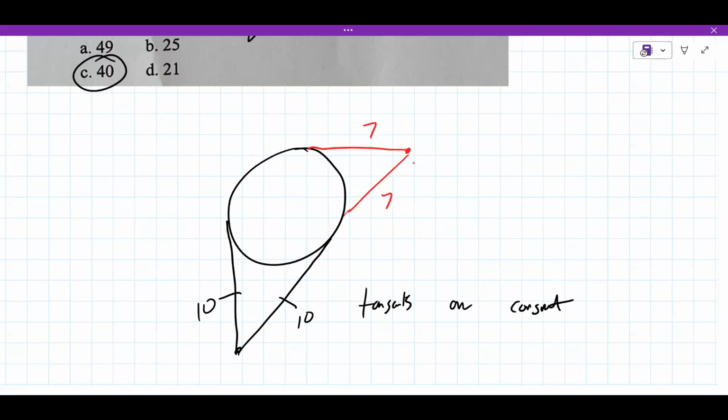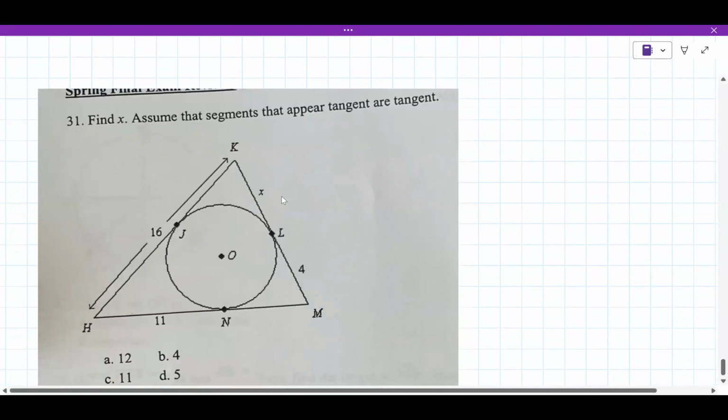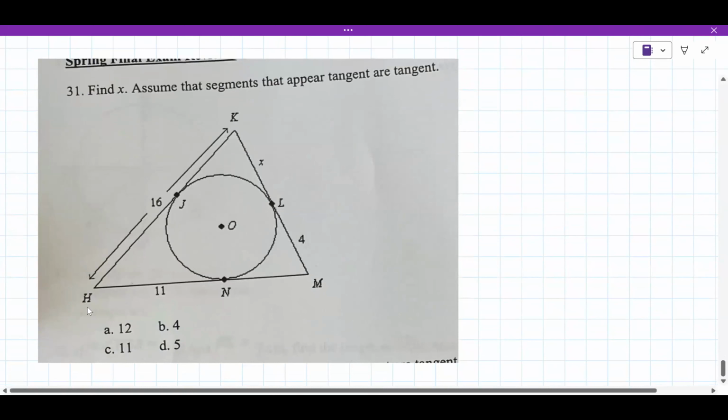It just means that from a point outside the circle, the two tangents are congruent. So would that mean that HM would also have to be 16 in this case?